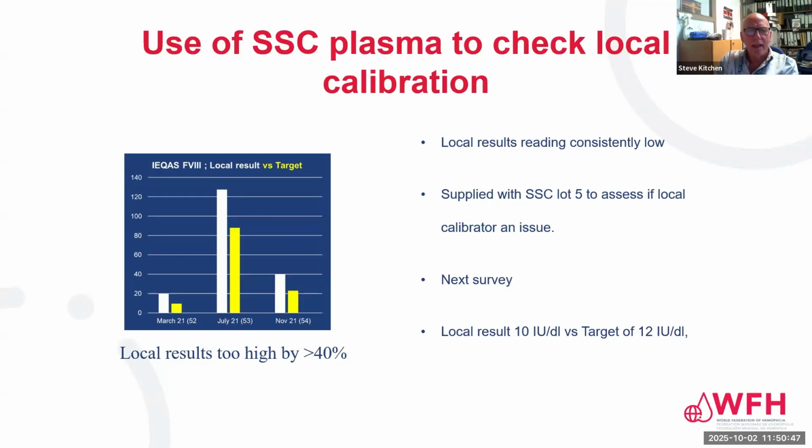Try this, look at the calibration, let's see if that is the issue. They were able to identify that a new calibration was potentially resolving the problem. They put a different calibration and process in place. And in the following survey, their local result was 10 IU per deciliter and the target was 12. Problem solved. So this is something to keep in mind. It is available. Next slide, please.